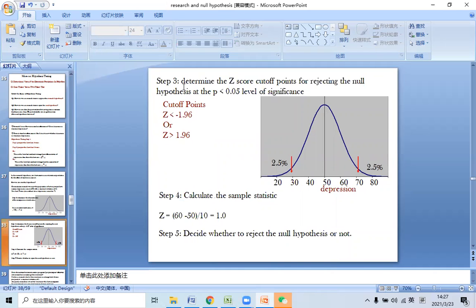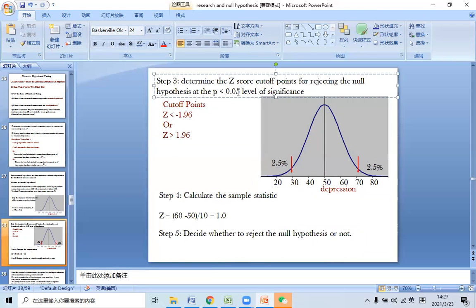And then you make a decision. You make a decision that I'm going to use a p smaller than 0.05 level. So this is a decision about the significance level, 0.05.